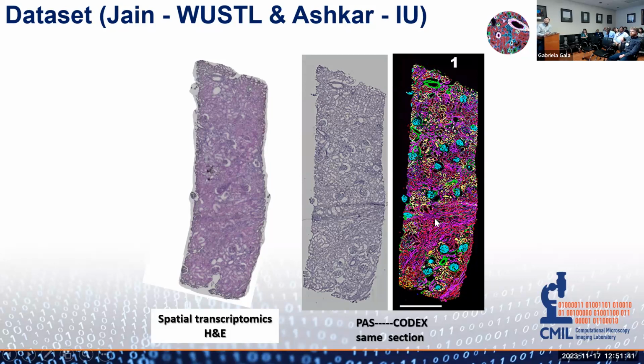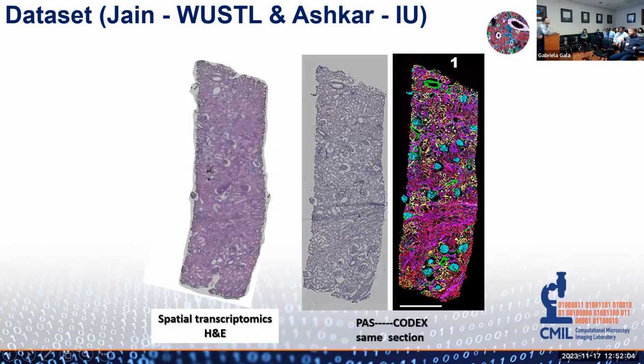CODEX is basically protein marking technology. It can mark up to 40 markers in one channel. We are getting this data from the same section with the goal that we can use machine learning to train this model, using this as ground truth, and find out, using the histology input alone, what types of markers are there. So that's the whole idea here.